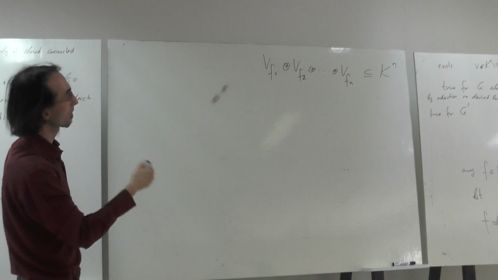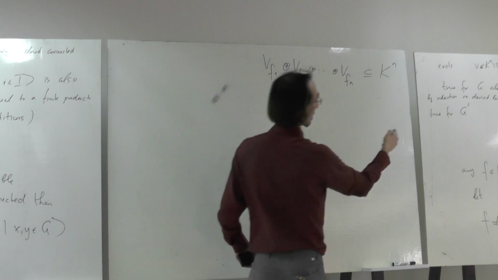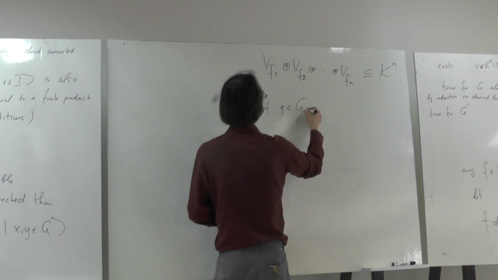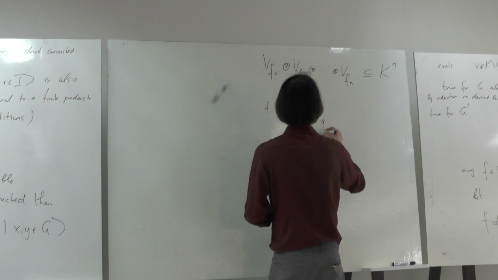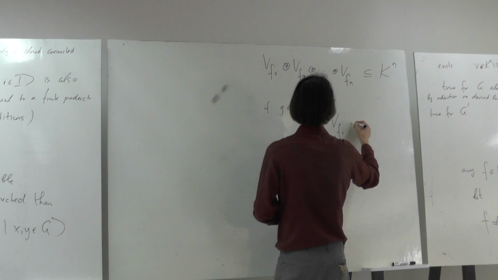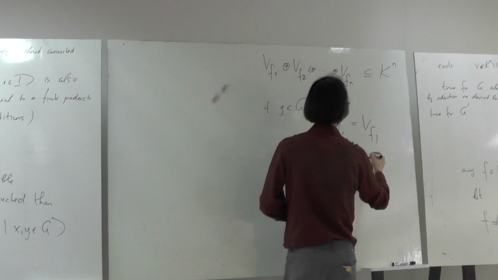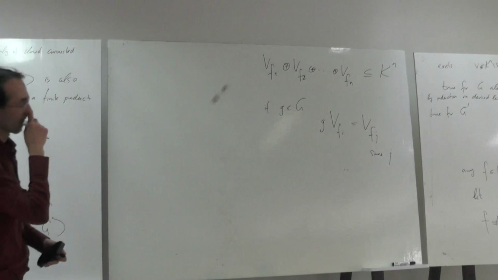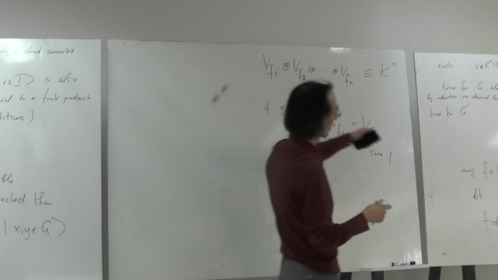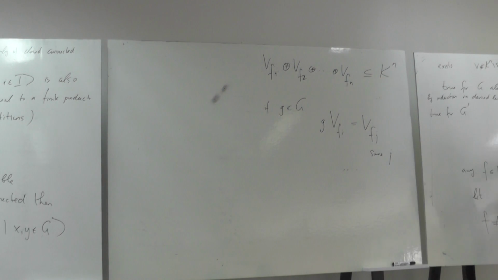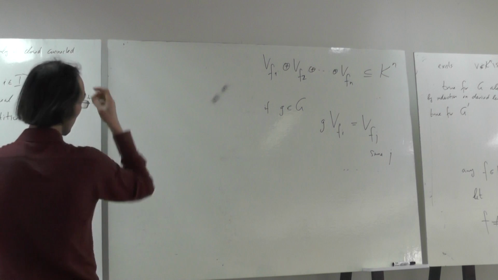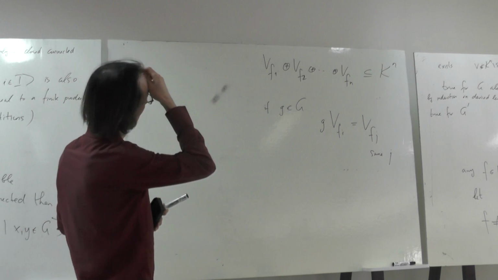But then the conjugation action: if g is in G, not in G prime, then g of V_fi is equal to V_fj for some j, right? Because this corresponds to the conjugation action, an easy exercise. That's the action of the group on the characters.